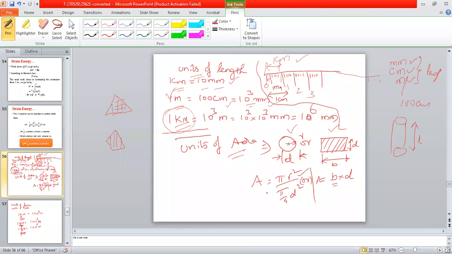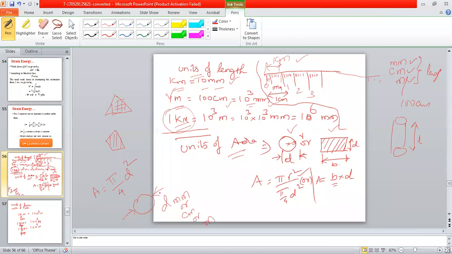The circular area formula is pi by 4. That is, the area of the circular cross-section is pi by 4 times diameter square, if the diameter is given. The diameter units are again mm, centimeters or meters.